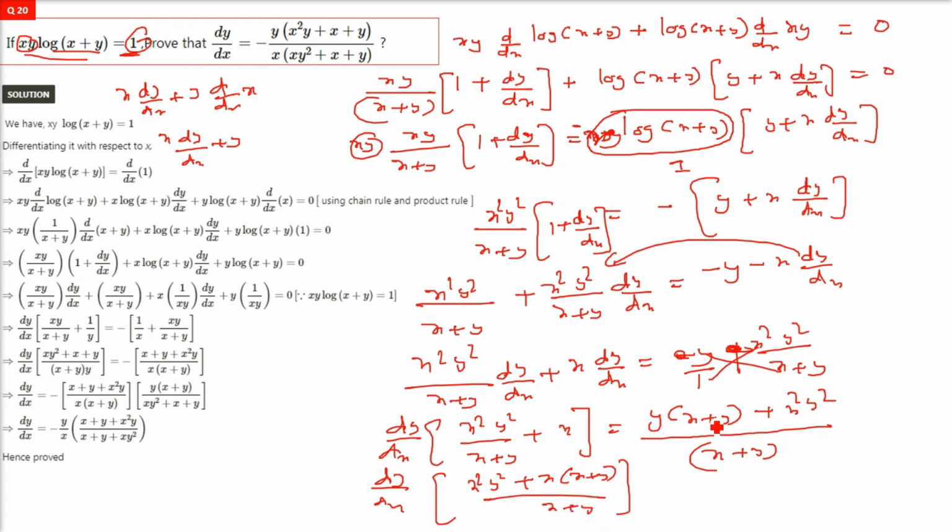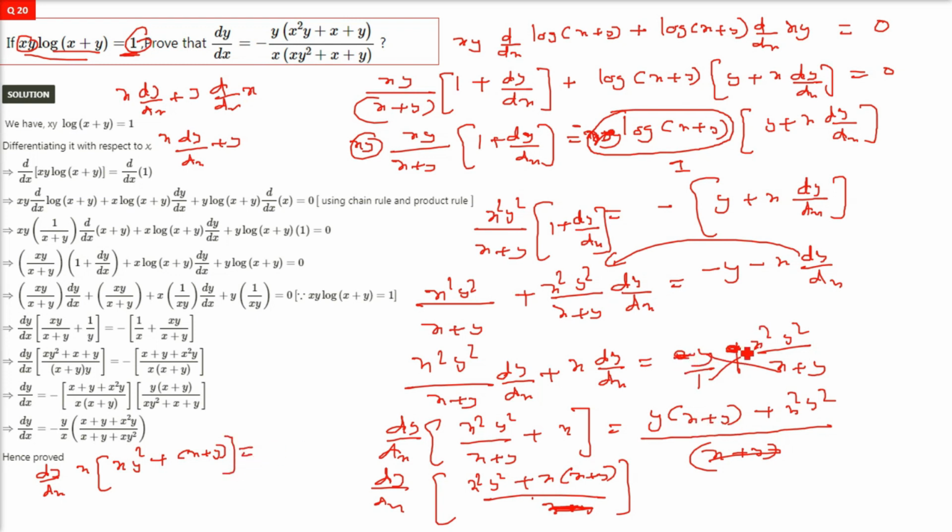Now you see here, right hand side, left hand side, x plus y and x plus y are both in the denominator. So you can just cancel these two. Here you take x common. When you take x common, dy by dx, x I am taking common. So you have x y square plus x plus y, and on the right hand side I am taking y common.